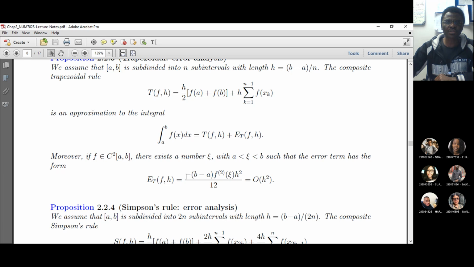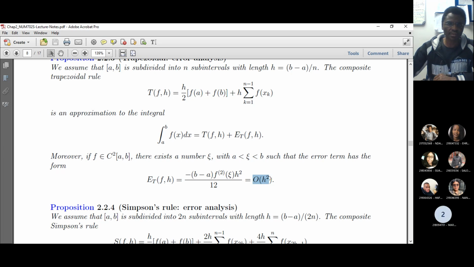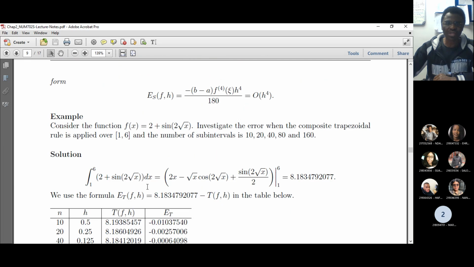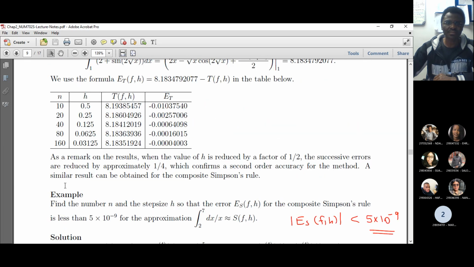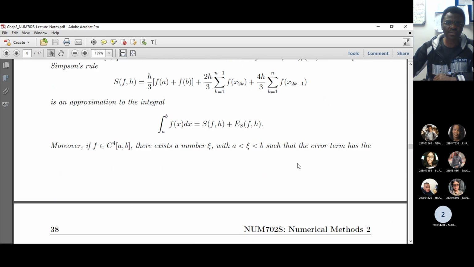We compare because we know that the error term is big O of h squared, meaning that the order of accuracy of the rule is second order. And that's what we try to explain here. Below the table, we explain that the observation from this computation agrees with the second order accuracy for the method, which you can see here.